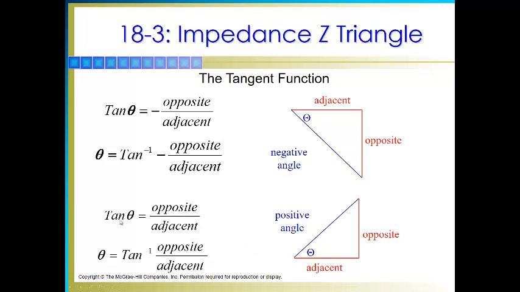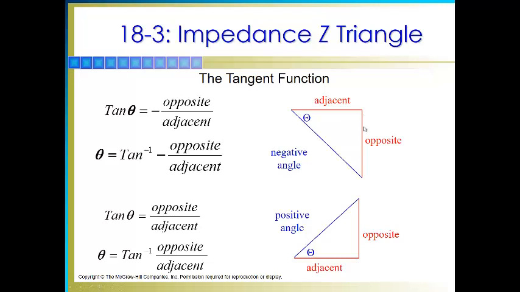So again, to find the tangent of this angle, it's going to be the opposite divided by the adjacent. In this case, it's going to be positive, because if this is my reference and this value is going up, that means it's a positive value over a positive value. So the angle right here will be a positive angle.